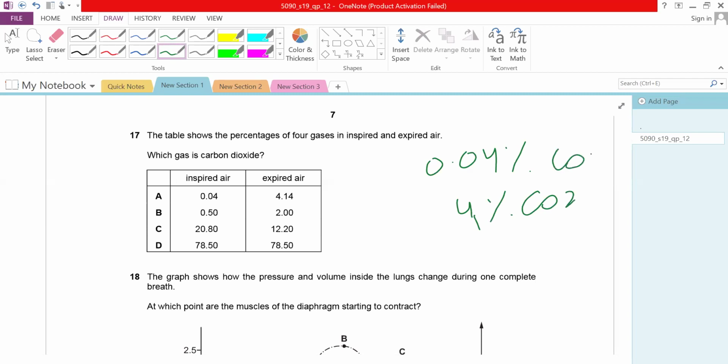So let's look at the options. 0.04% is the correct inhaled percentage of carbon dioxide, and the exhaled percentage 4.14% is correct. So option A is correct for question number 17.